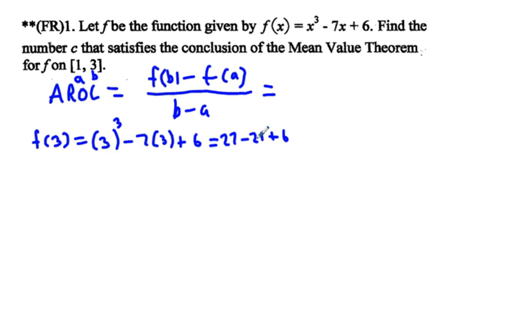So 27 minus 21 is 6, plus 6, so that is going to be equal to 12.